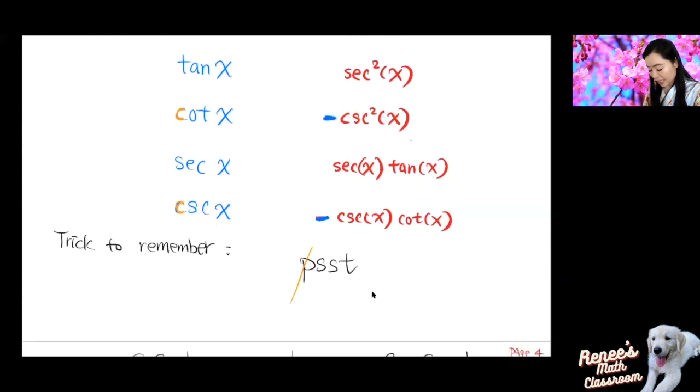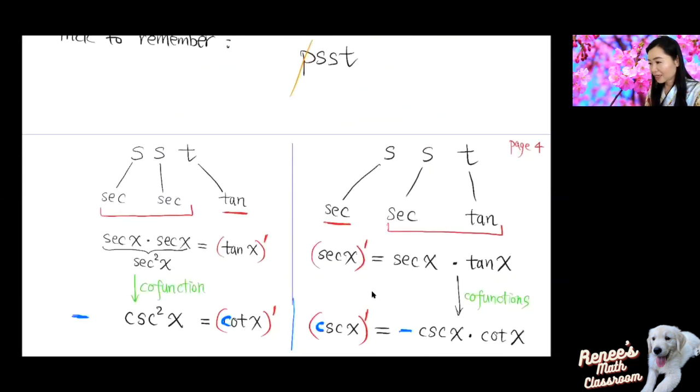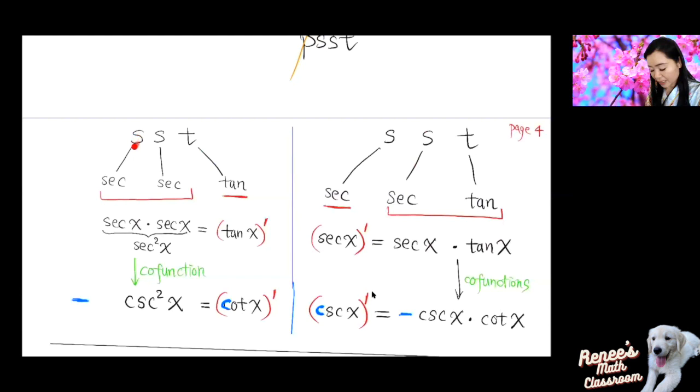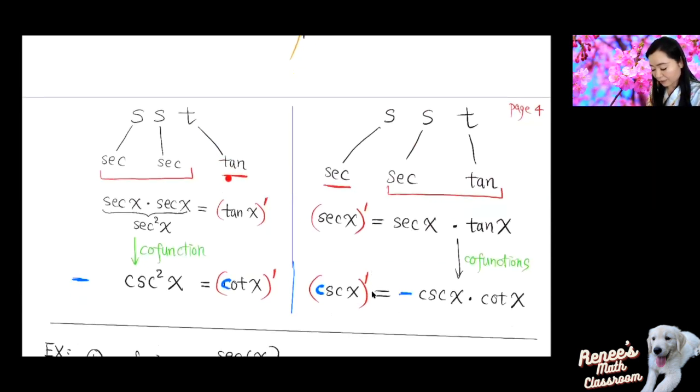So this SST is going to help us to remember the derivative for tangent and secant, okay? This S here is secant, and then the T here for tangent. So if you try to find the derivative for tangent, you will have this secant times secant, which is secant squared. Okay, so the derivative of tangent x is secant squared x.